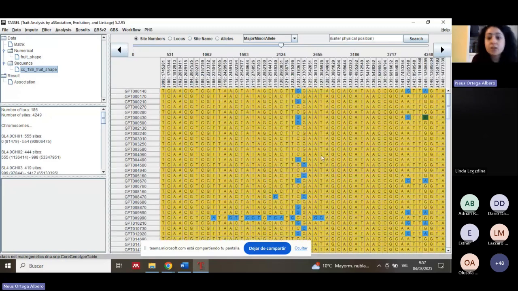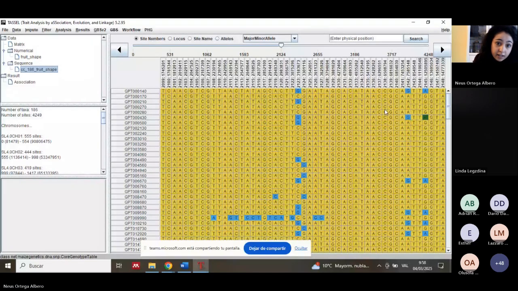Okay, so as we saw before, we have here all the land races, all the collection, and here the position of the markers that have been sequenced. The marker is just one base, one SNP that has been sequenced. Okay, and here you have each result, each base for each position in each land race, in each accession of the collection.